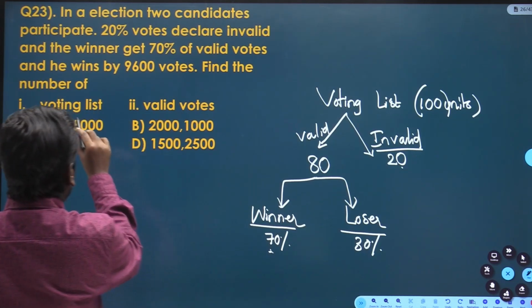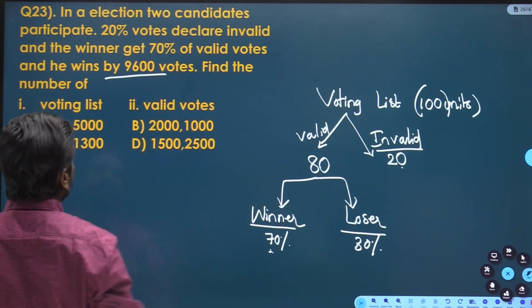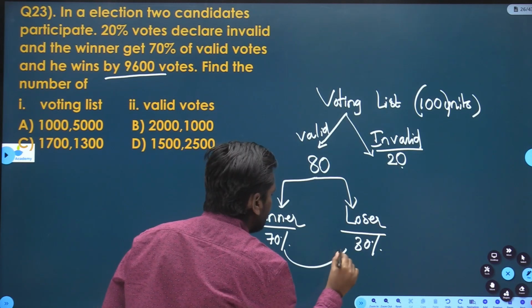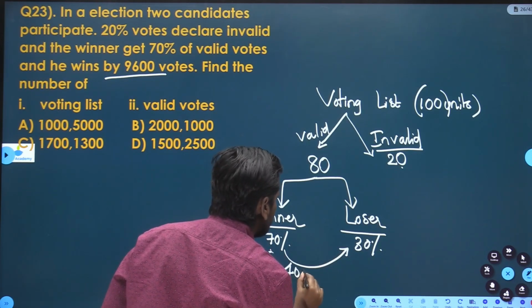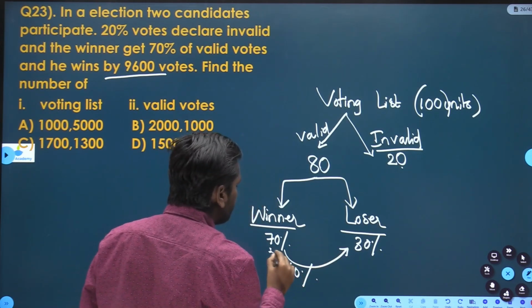He wins by 9,600 votes. So the difference is this 40%, that is 70% minus 30%.